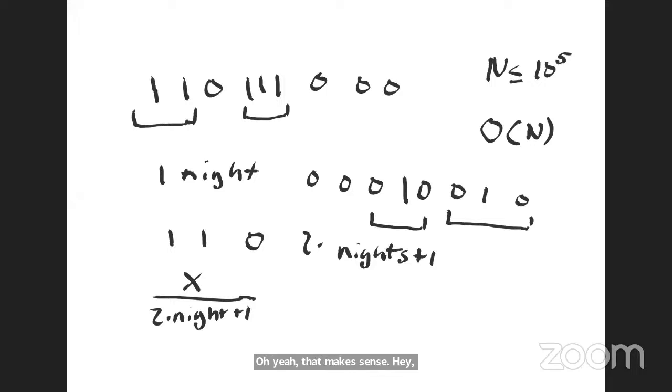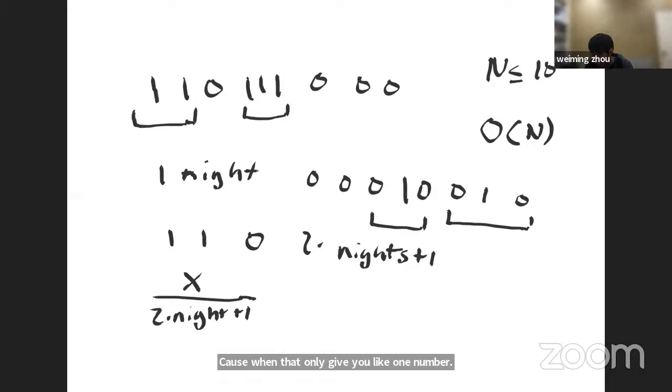Wait, so when you do the division, it always gives you one number, but how do you know, because there are different positions for every infected cow? Wouldn't that only give you one number? Oh, do you mean, for instance, let me erase a little bit.